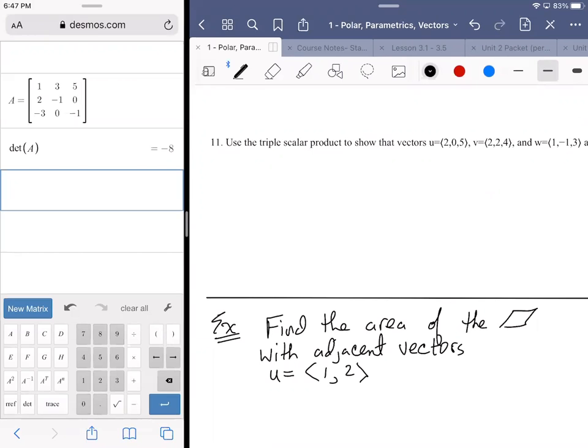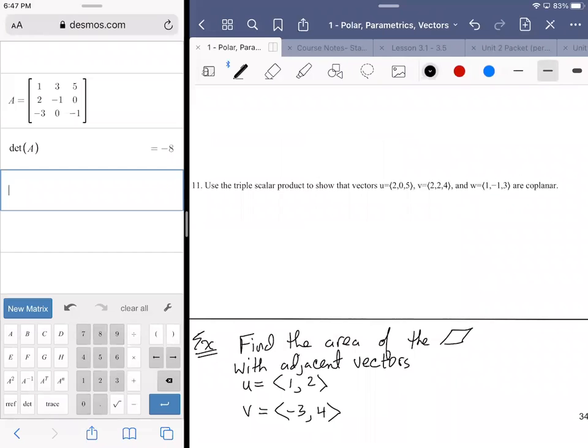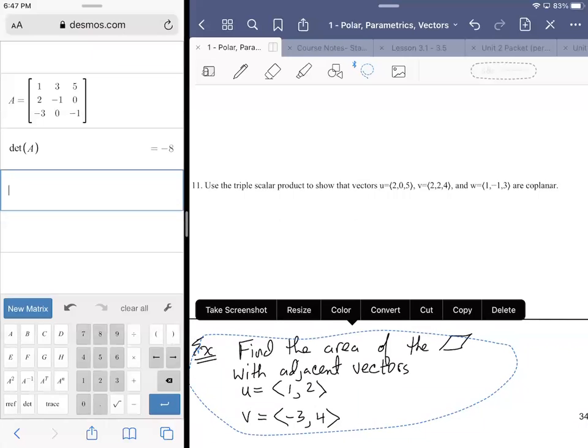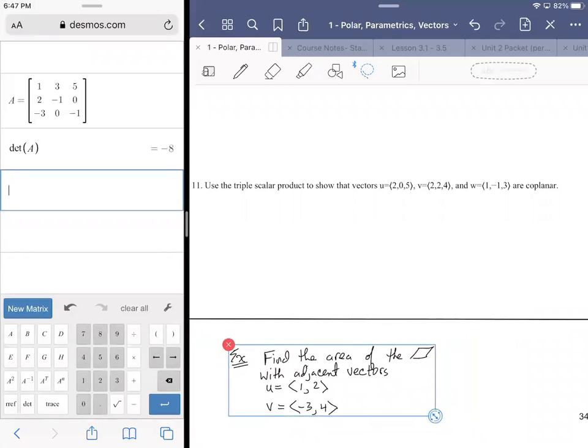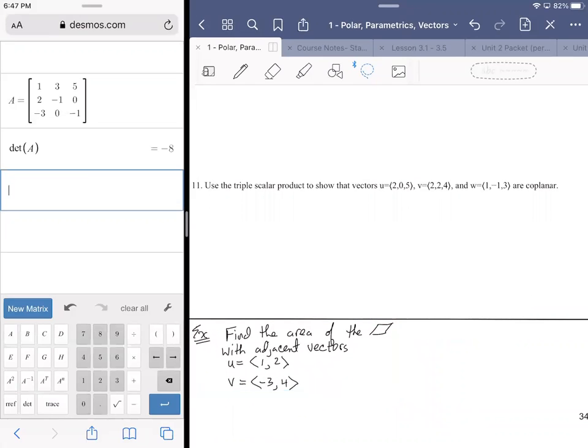And let's say V equals, I'll get something negative in there. Let's say -3, 4. All right, so I'll give you a quick sketch, because this one's in 2 space, so you're not going to have to watch me fumble around with technology and diagrams too much here.